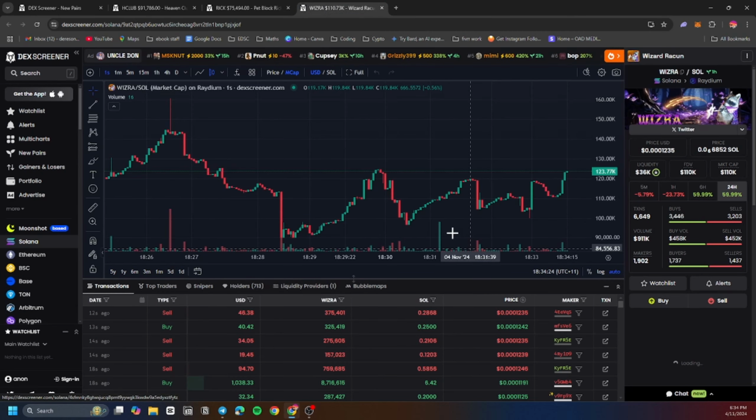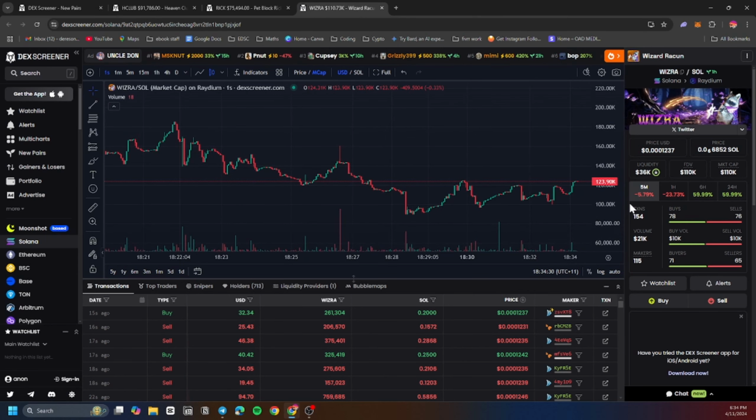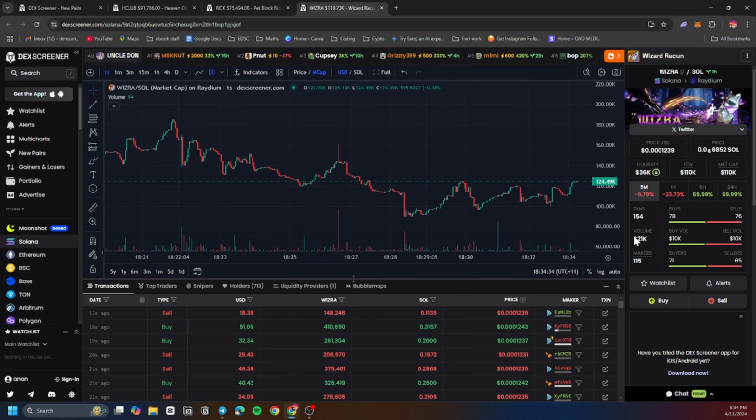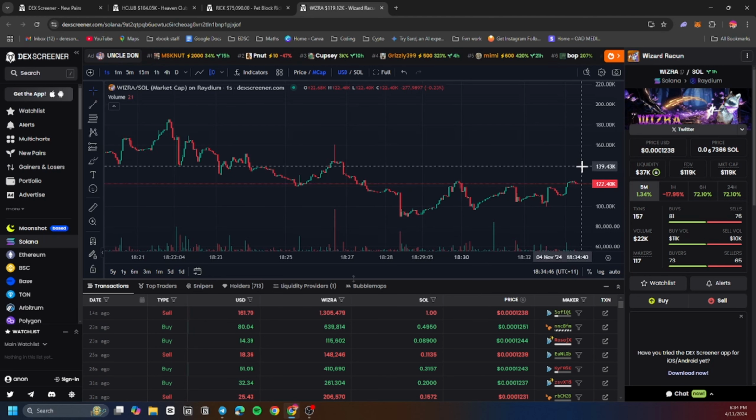The next coin. Now I would say this one is a good coin, but the only thing is there's only $21,000 of volume in a $120,000 market cap coin. So that means that the price won't really be moving much, so you aren't making a lot of money from this. So I wouldn't buy into this if you really want to make big bucks.